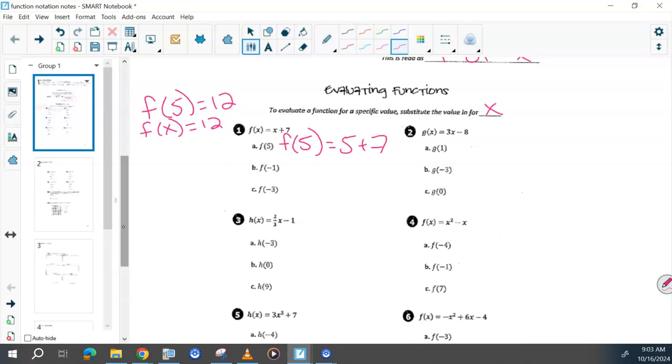Okay, we're going to do part B. Same setup. F of negative 1 equals negative 1 plus 7. What is f of negative 1?